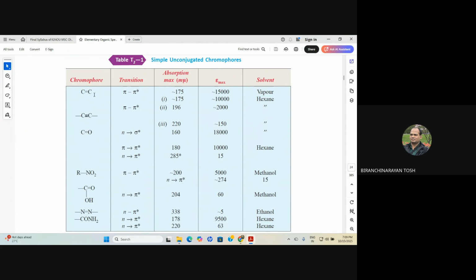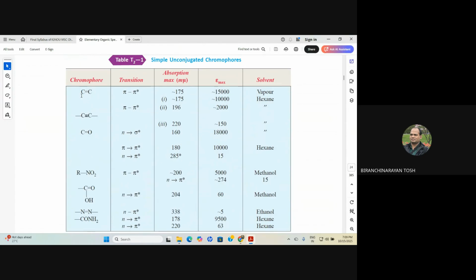If n equals 4, that means four C double bond C groups are joined together, then a pale yellow color develops. If it is 5 to 7, it will be yellow in color. 7 to 9 or 10, it will be violet in color. You see, it is depending. And more than 11 or 12, it will be black in color.